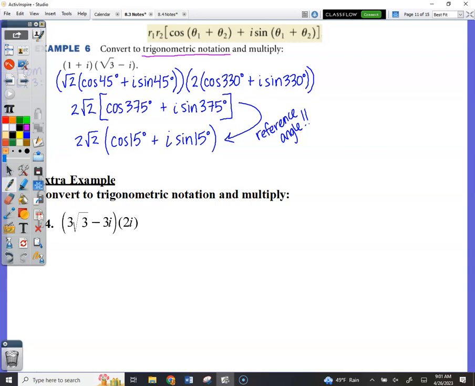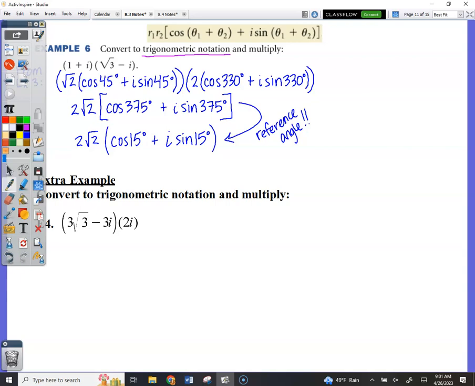So we pulled the trig notation for both of those from the previous example where we had already found it. And then to multiply them, you have to use the formula. You're not actually first, outer, inner, lasting anything here. You're using the formula, which will be given to you, and plug it in.